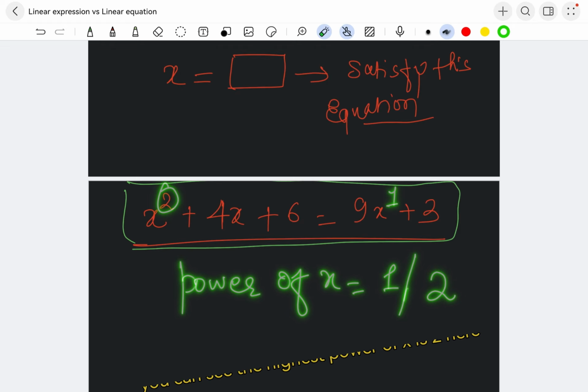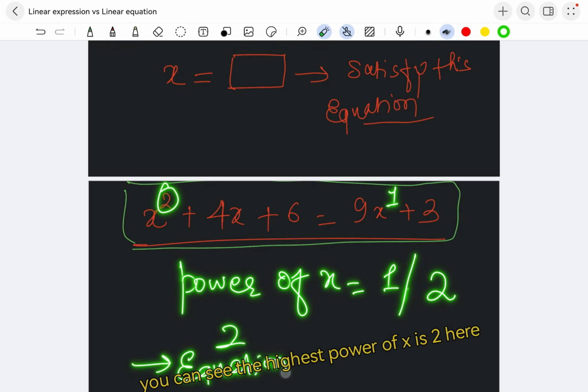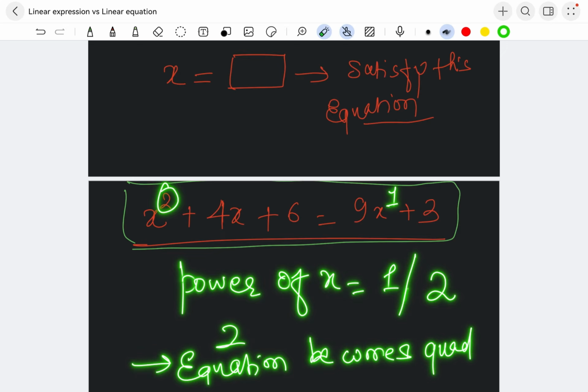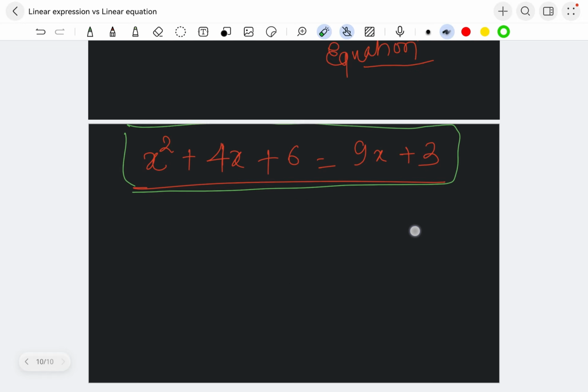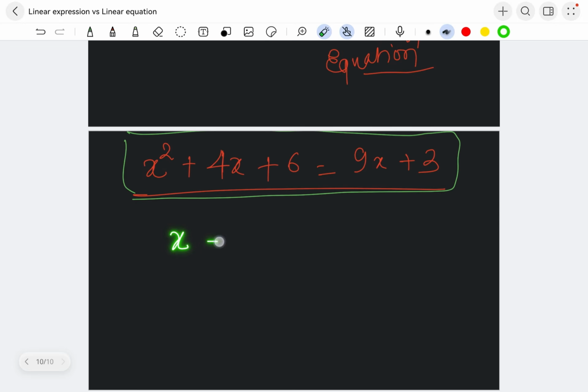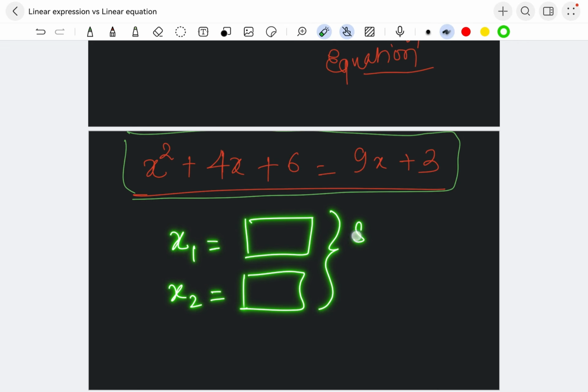If the highest power is 2, then the equation becomes quadratic. And then there are two values of x, x1 and x2. There will be two values of x which will satisfy this equation.